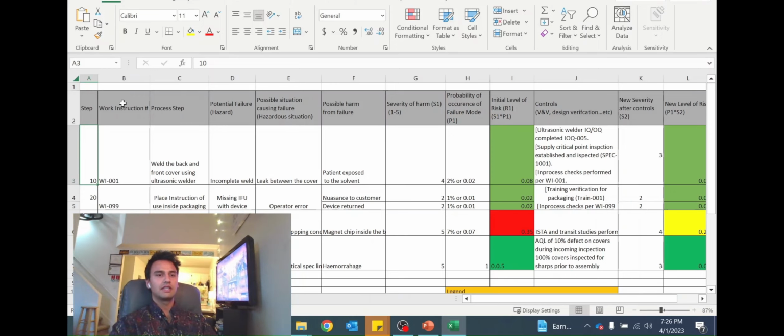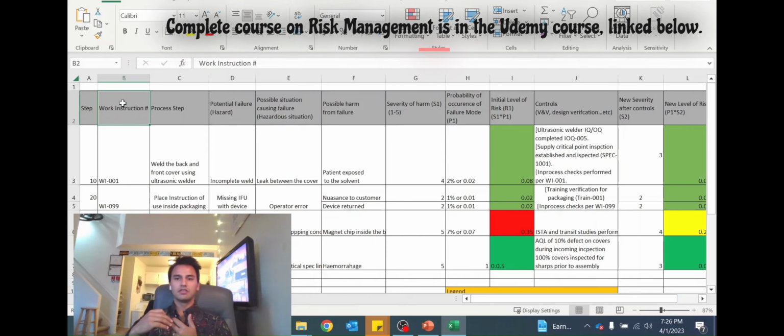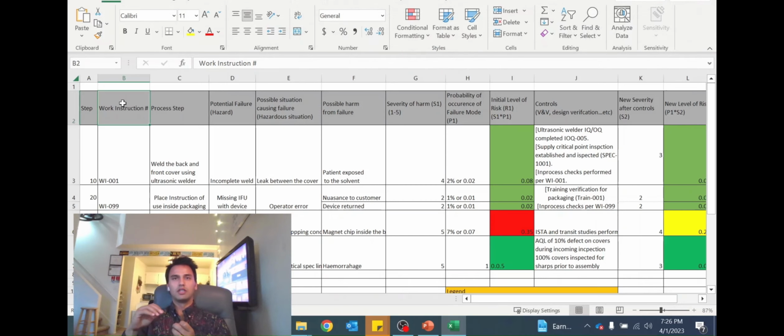Now the second step, you define the work instruction number. Work instruction 001 or whatever work instruction you guys are using. One thing I want to note is I have seen people only use manufacturing line processes, whatever happens in manufacturing, but the best way to make a pFMEA is to take the process from the start: where the raw materials are coming from, how they are coming, what happens when you receive them, what happens in the incoming inspection, what happens if the thing was damaged, or the boxes it came with.